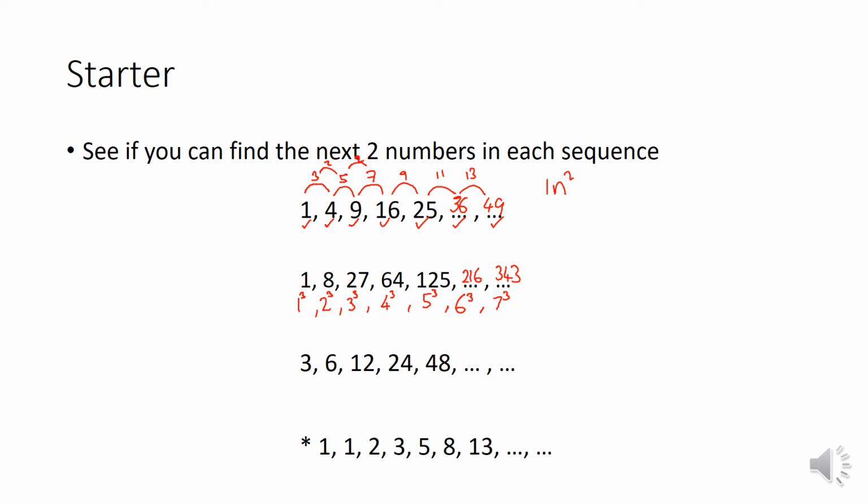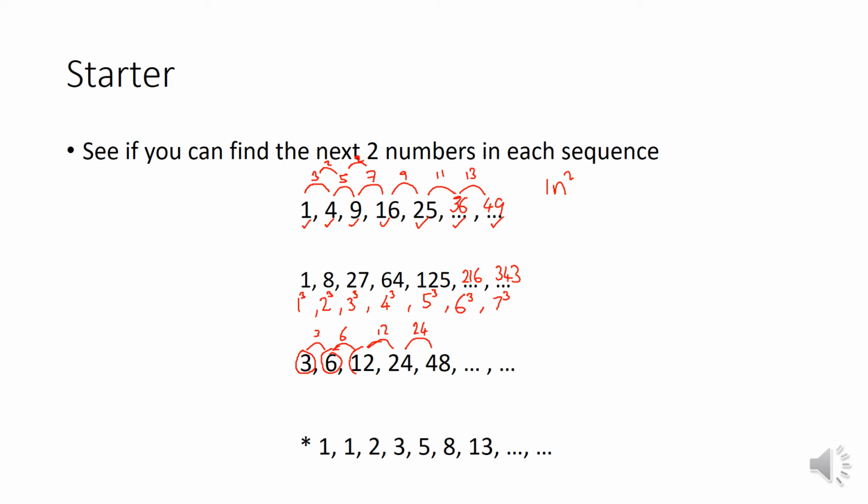Okay, this next one, we can see it's 3, difference of 6, difference of 12, difference of 24. There's a couple of different ways of thinking about this. You can notice that the difference between each one is actually the term. So this one's going up by 3, because this term is 3. The next one's going up by 6, because this one's 6.